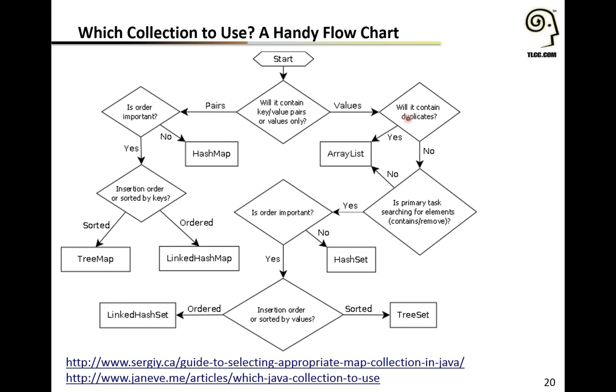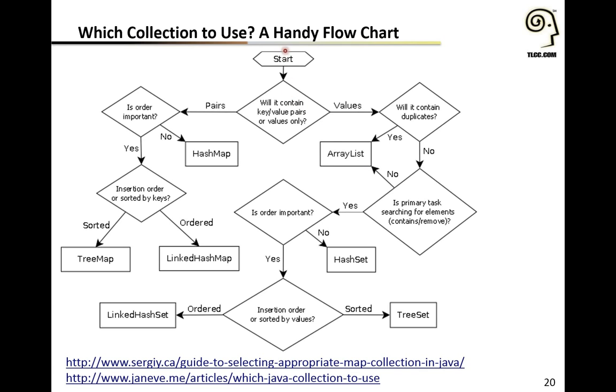Will they contain duplicates? Not really in my case. We don't have duplicates of courses. That'll be a little confusing for people figuring out what course to get. So then I come down here. Do I need to remove elements or figure out if an element is in that courses list? Not really. I just want to get a list of the courses. So it points to the array list, which is what I was using.